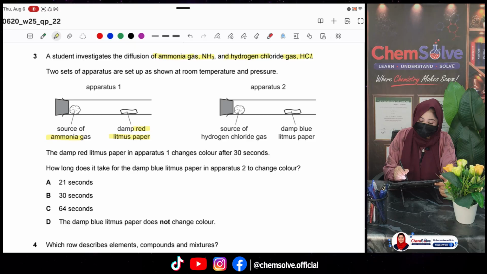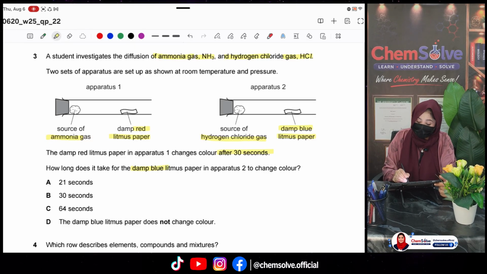Then there is a source of hydrogen chloride gas and a damp blue litmus paper has been placed here. The damp red litmus paper in apparatus 1 changes color after 30 seconds, while he is asking how long it takes for the damp blue litmus paper in apparatus 2 to change color. Okay, so clearly it is a diffusion question.